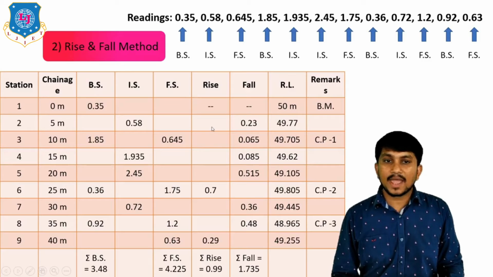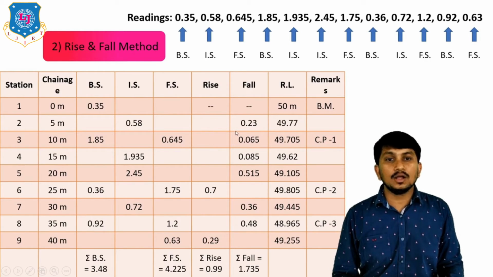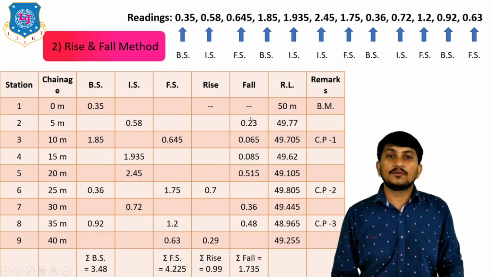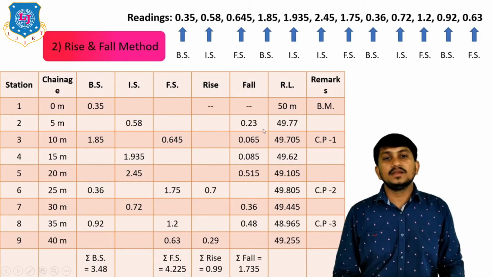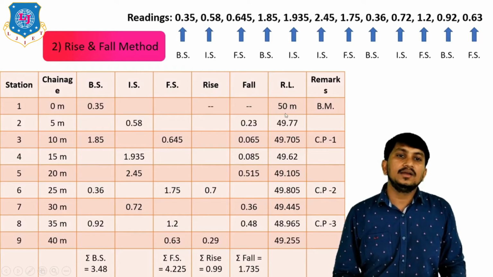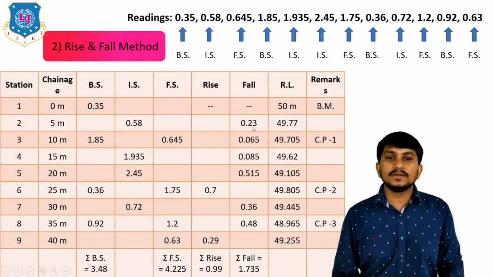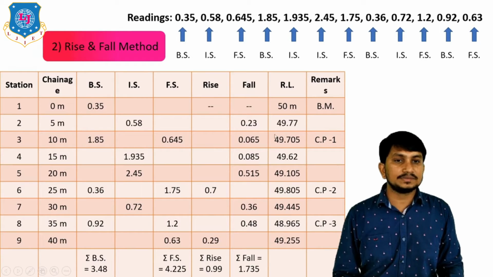If there is a rise, we have to add the value to the preceding RL. If there is a fall, we have to deduct the fall value from the preceding RL. Here there is a fall, so we deduct this value from the preceding RL. The preceding RL is 50 meter. 50 minus 0.23 gives 49.77.